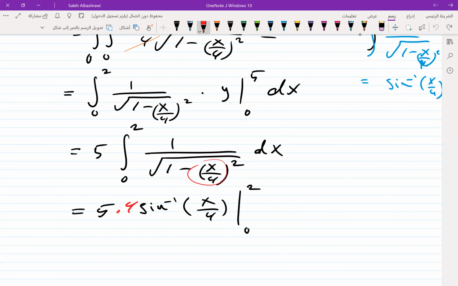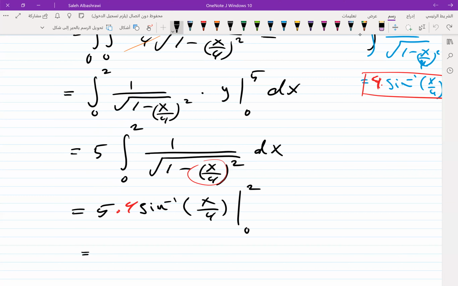This is by substitution. Using the u substitution, take u equal to x over 4, then du will be 1 over 4 dx, or dx equals 4 du. You can do this by integration by substitution to convert it to the standard formula of the sine inverse. That is 5 multiplied by 4 sine inverse of x over 4, with the limits between 0 and 2.